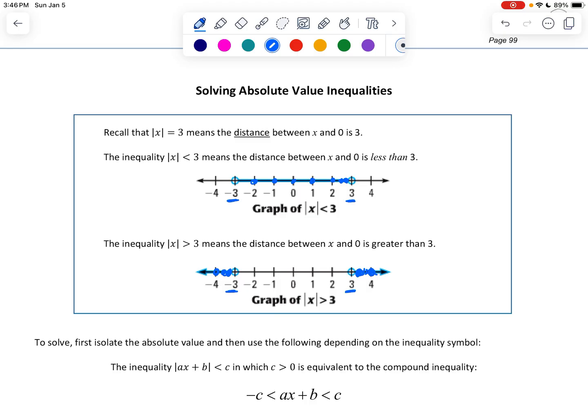Essentially what this boils down to is when you have less than or equal to, this is going to be an and inequality. If you have greater than or equal to, this is going to be an or inequality. So this is why we do compound inequalities and absolute value equations side by side, because you have to know how to do both of those to do absolute value inequalities.